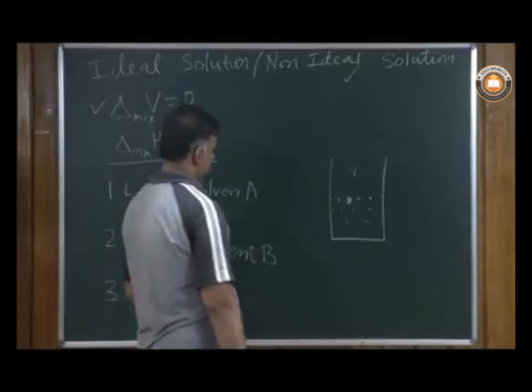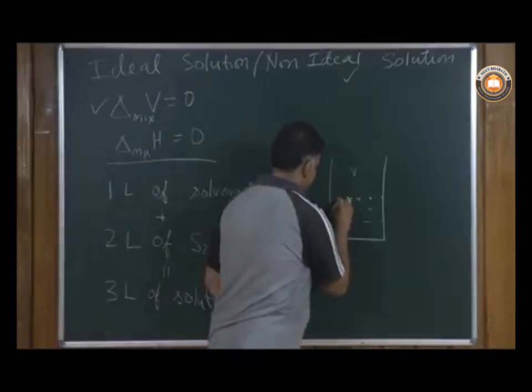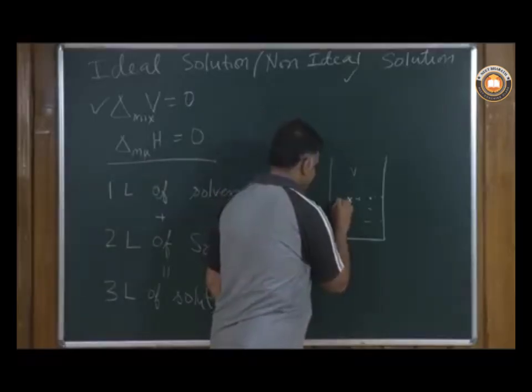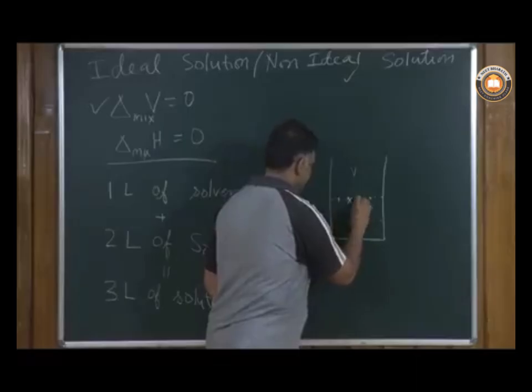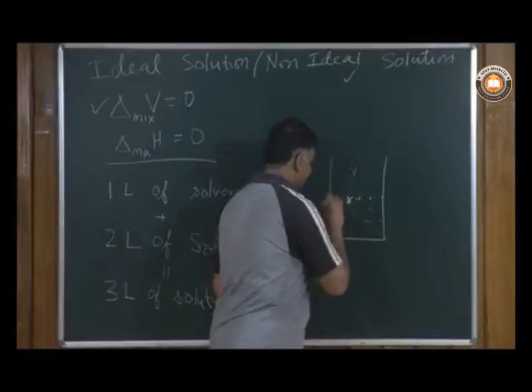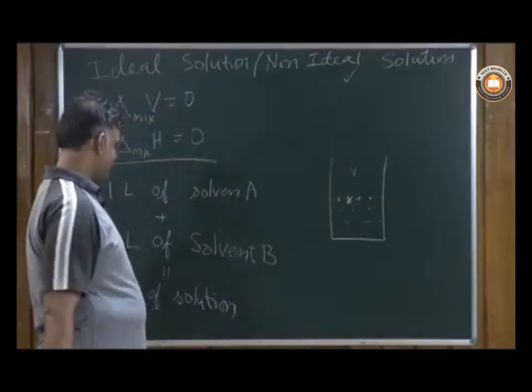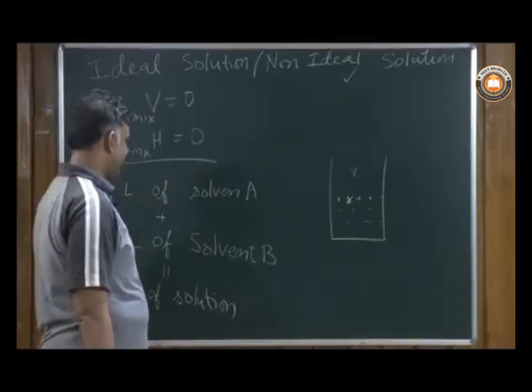So now there is a solvent A and somewhere in between is solvent B. It could happen very often depending on the concentration.